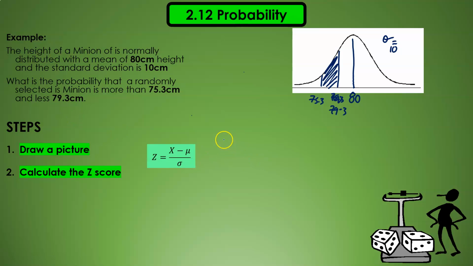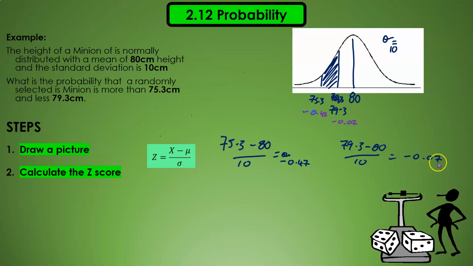We'll set up the equation: 75.3 take away 80 over 10, and 79.3 take away 80 over 10, and we end up with minus 0.47 and minus 0.07.